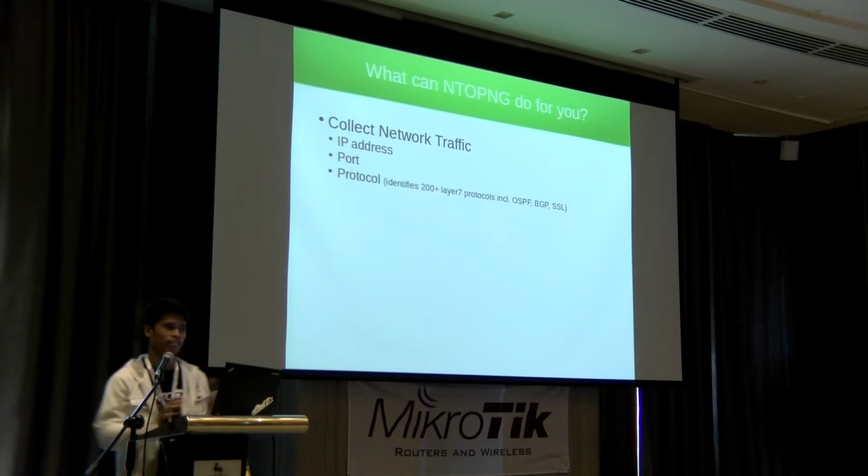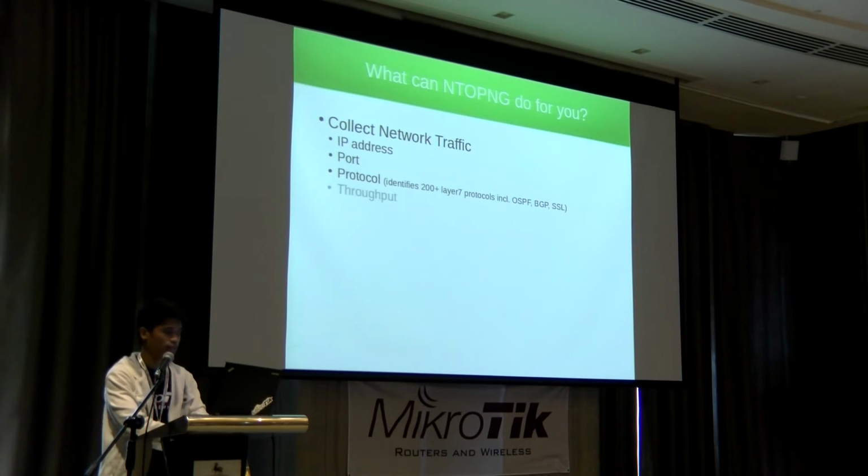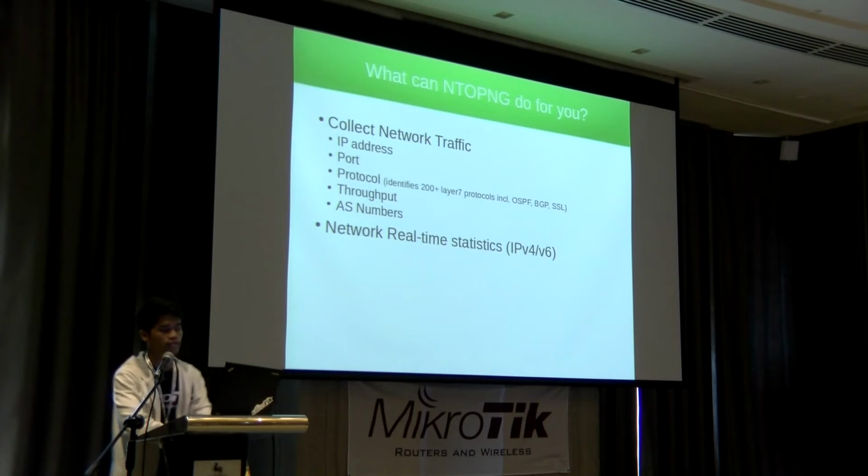So can we imagine how many protocols NTOPNG can identify. And it can also identify the throughput and the AS number, and also network real-time statistics. So you can see the actual traffic on your network in real time.